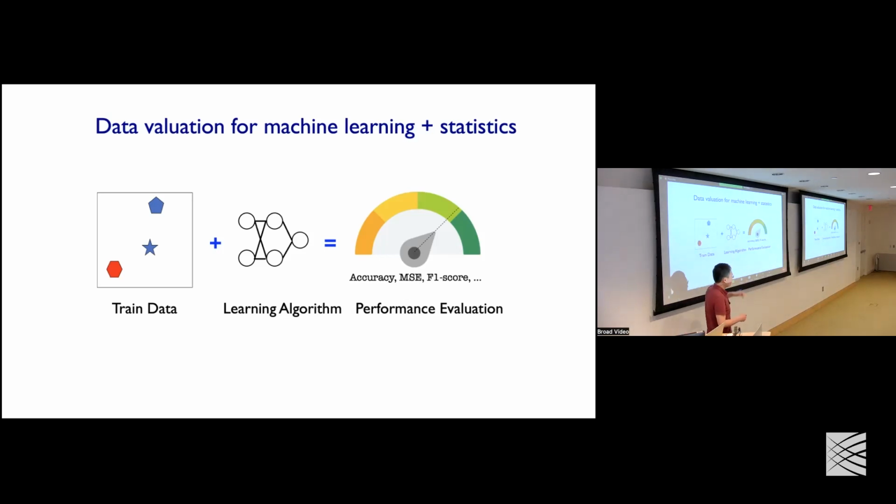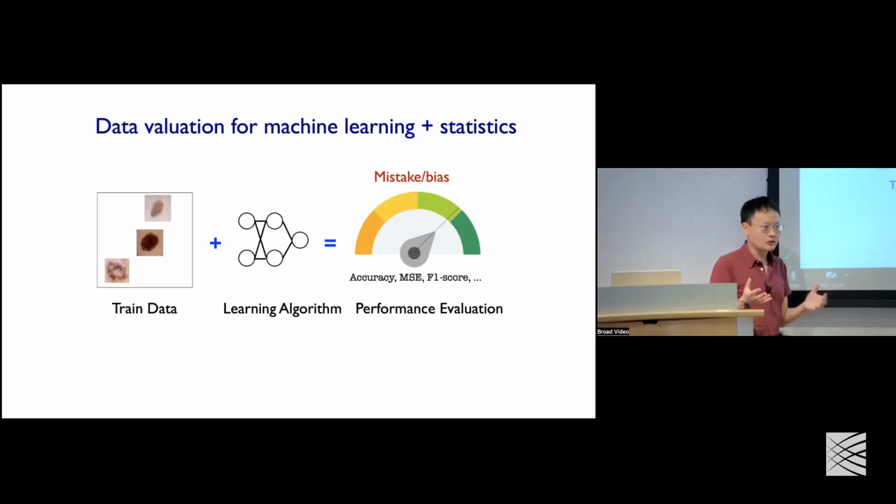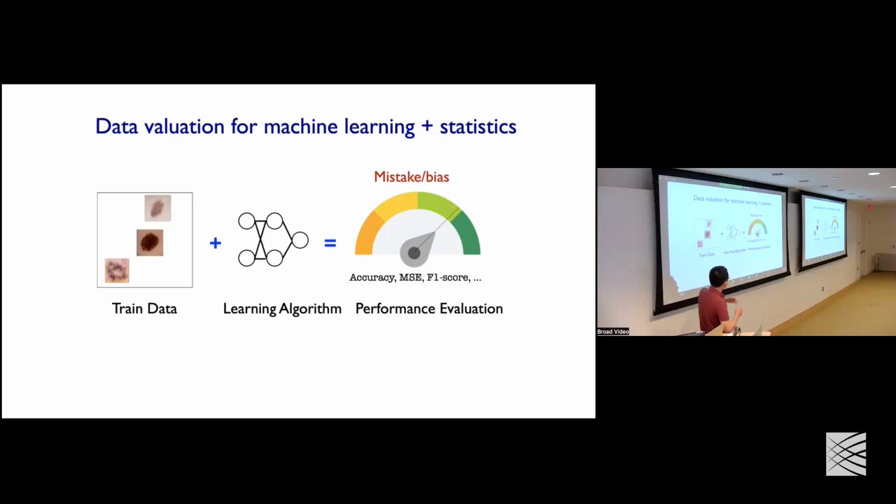And then you have some performance metric that you care about, which could be accuracy or how well this works in a particular deployment setting. Like in the example I was mentioning, the training data are these different dermatology images, the learning algorithm would be this convolutional neural network, and my performance is how the algorithm works across these different skin tones across different populations.